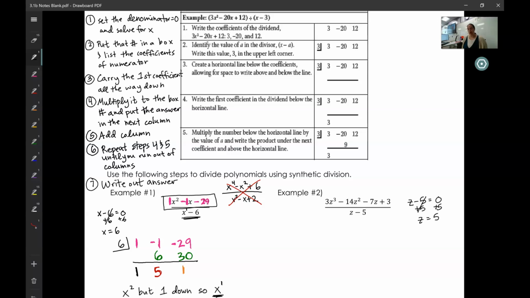Step 2, I'm going to put that number in a little box. And then I'm going to list the coefficients of my numerator. So I've got a 3. Then I have a negative 14.